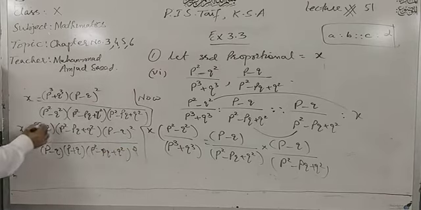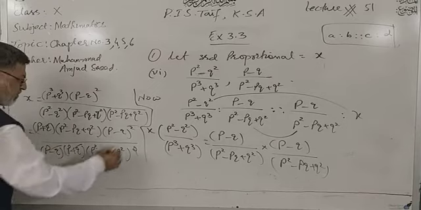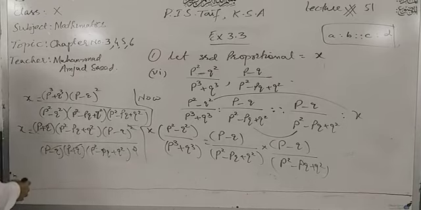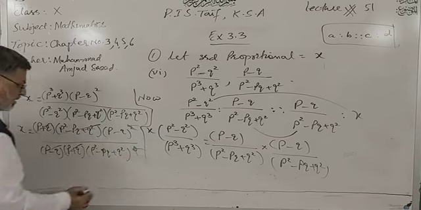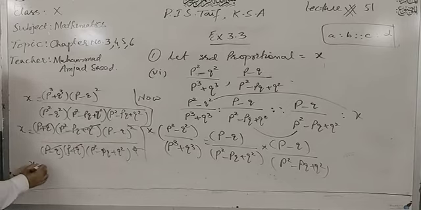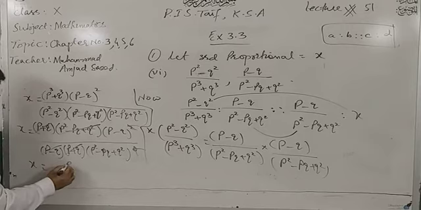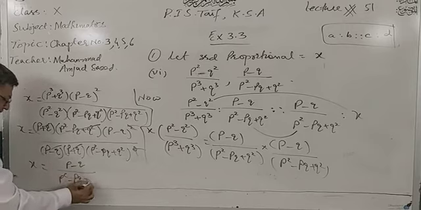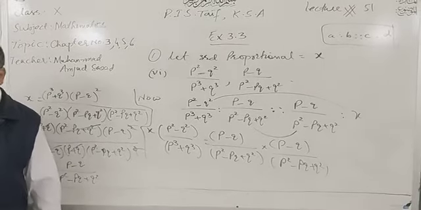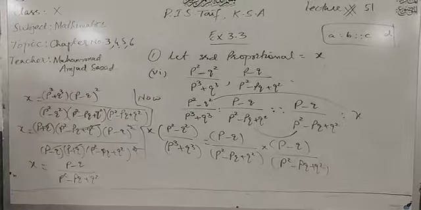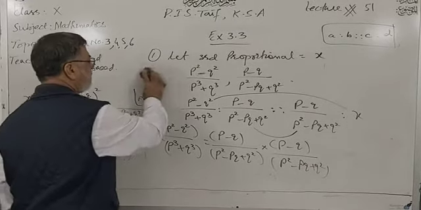Remember that p plus q cancels out, p minus q will cancel one power, and p square minus pq plus q square will cancel one power of the denominator. So we are left with p minus q over p square minus pq plus q square. So dear students, that was your third proportional. I hope that you understood this part.